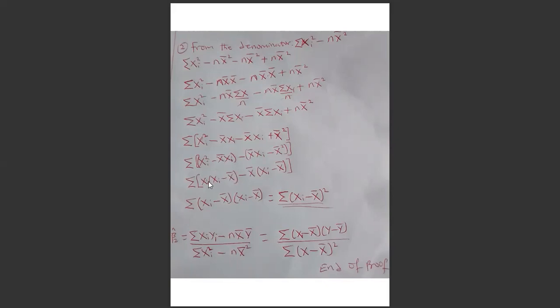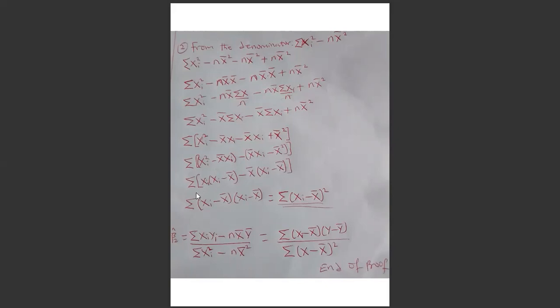That's why we have x in bracket x minus x bar. Then we close the bracket, minus, and move to the second group. The common factor here is x bar. We take it out, open the bracket, and we are left with x minus x bar.